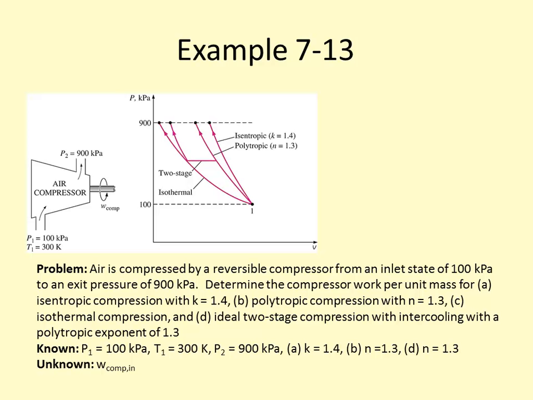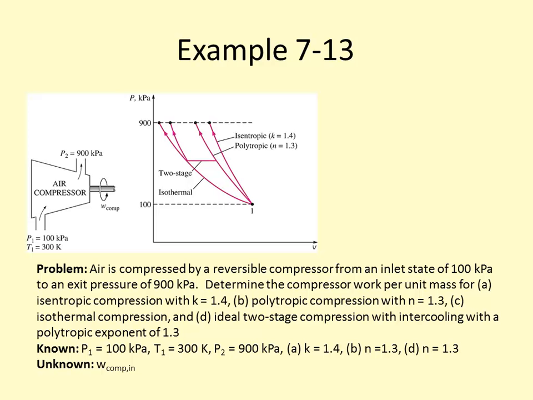So if we plug in the same numbers for that, this time n is equal to 1.3, then we get 246.39 kilojoules per kilogram. Okay, so everything else is the same.